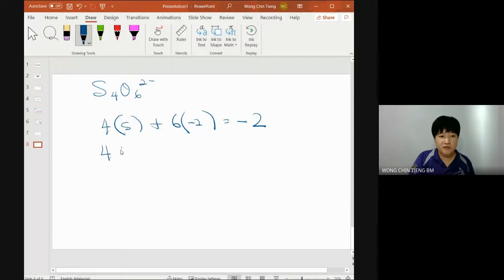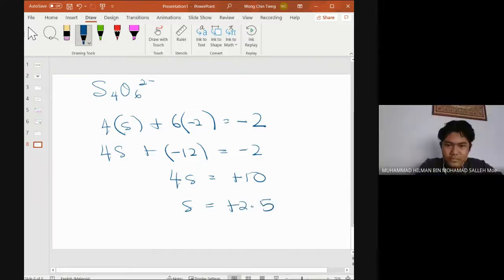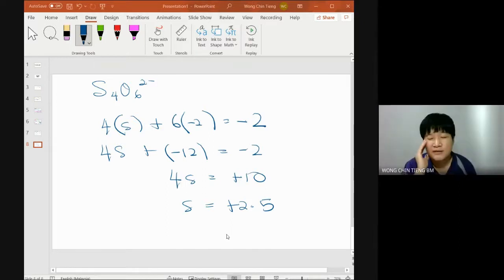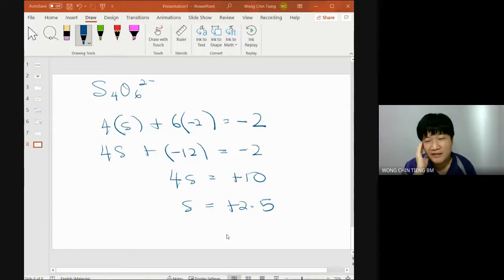So 4 sulfur plus 12, so you have over here adalah negative 2, 4 sulfur equals to positive 10, sulfur equals to positive 2.5. Boleh ke? Kalau dapat point boleh lah. Boleh. Tak yang lain saya dapat nombor bulat, yang tu dia dapat point. Boleh, tak ada masalah. Okay. Tak pelik.